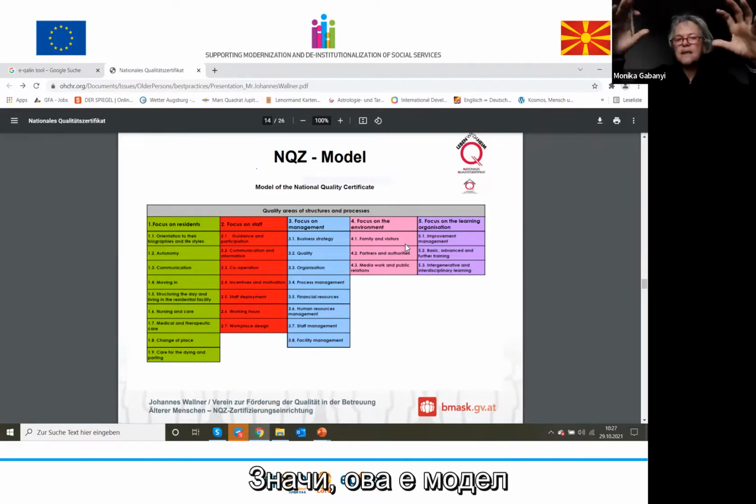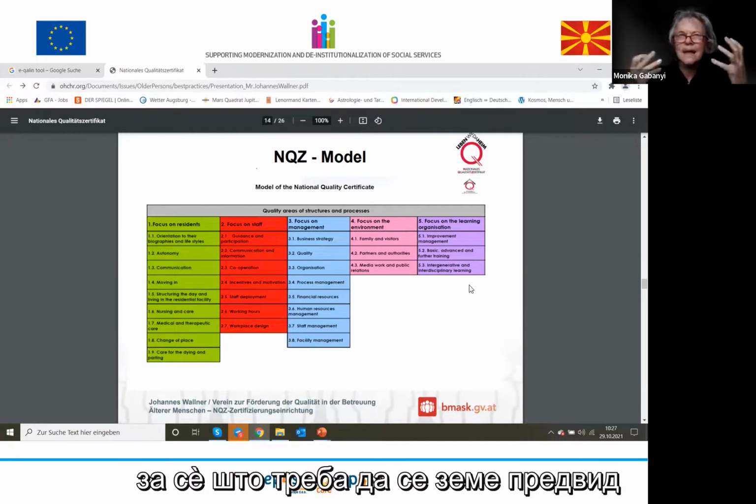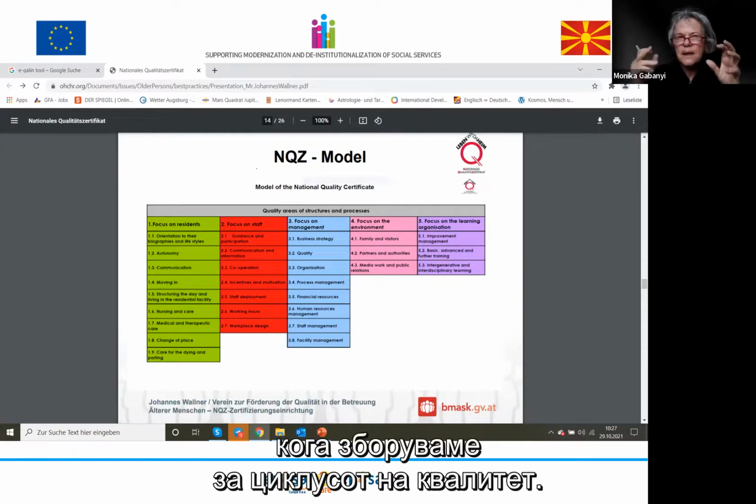So this builds the model, what has to be taken into consideration when we speak about the whole quality cycle.